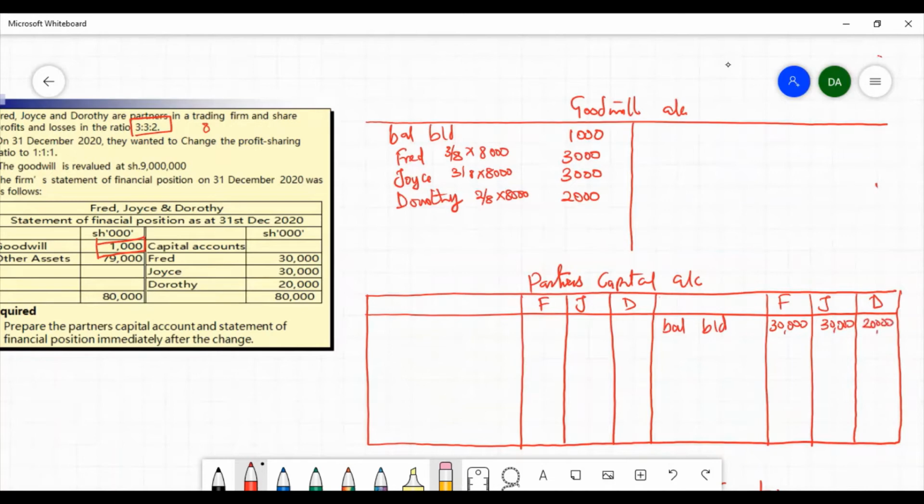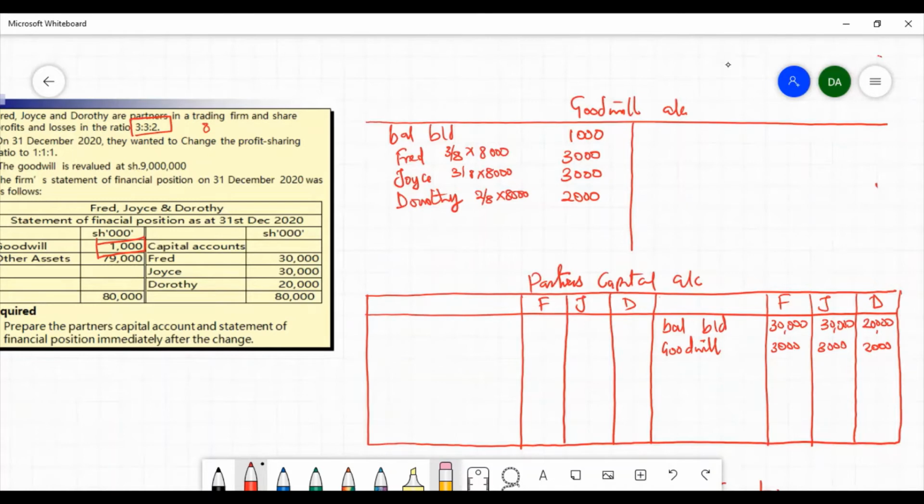Then record the goodwill increase. Share of increase in goodwill is 3 million for Fred, 3 million for Joyce, 2 million for Dorothy. After recording goodwill as that, then goodwill is written off immediately.